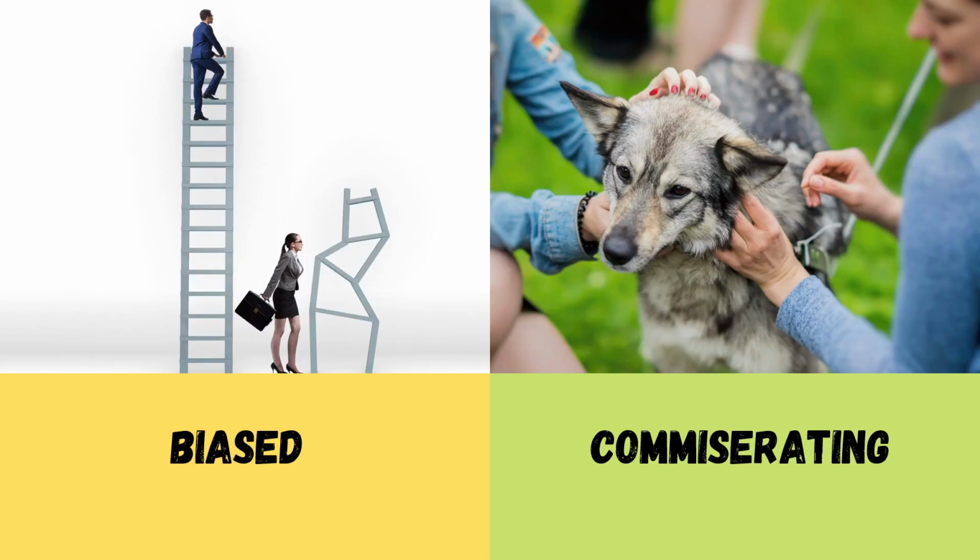What is meant by a biased tone? So bias, as we know, it means showing an unfair tendency to believe that some people or some ideas are better than others. That is, favoring of one person or group or one thing over others for some personal reasons.